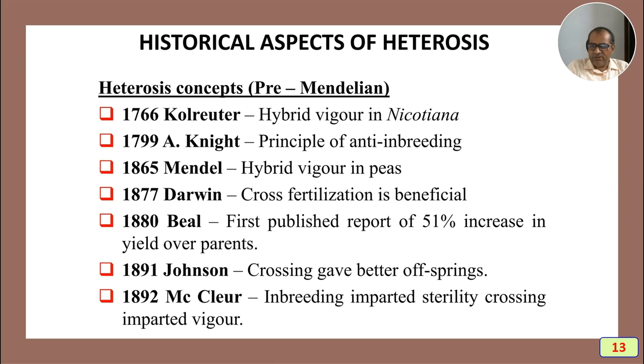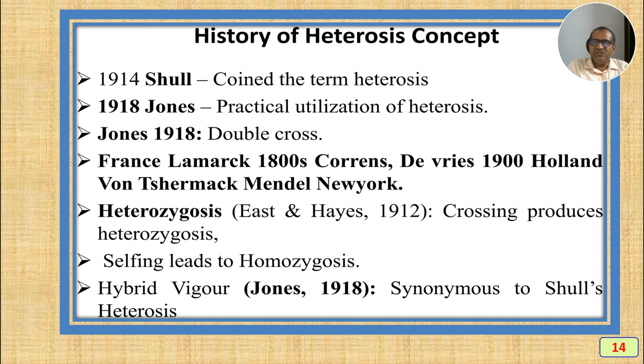In 1891, Johnson informed that crossing gave better offsprings, whereas in 1892, McClure found that inbreeding imparted sterility and crossing improved vigor. In the history of the heterosis concept, Shull in 1914 coined the term heterosis, and in 1918 Jones improved the practical utilization of heterosis with the double cross.